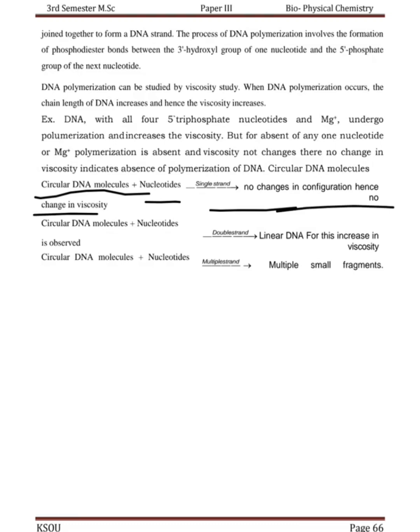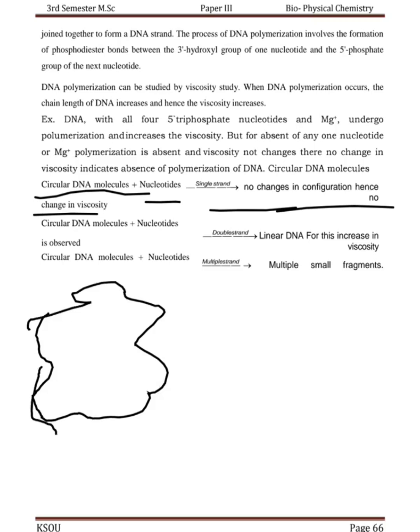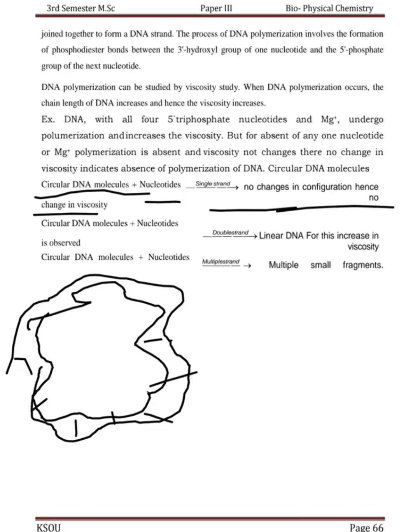So circular DNA will be in the form of a circle. There will be strand formation. In the molecule with nucleotide, there will be a single strand.